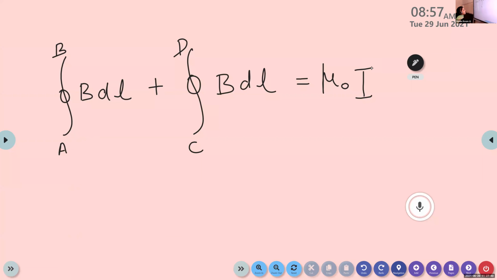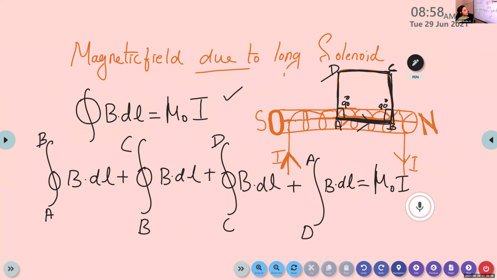So here the magnetic field produced by the long solenoid is only due to the presence of these two sides, side AB and that of the side CD. Again, what about the position of CD? Is it inside the solenoid or outside the solenoid?